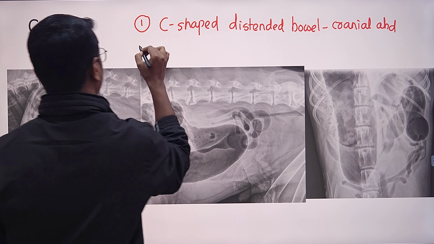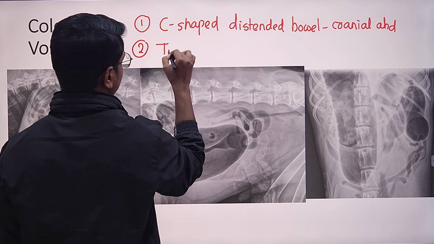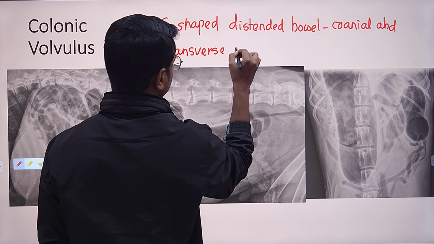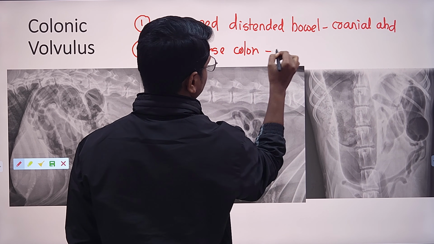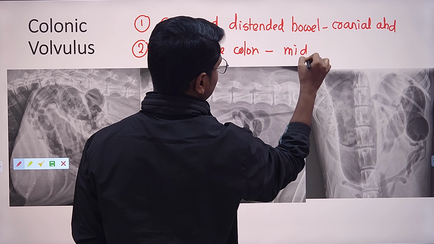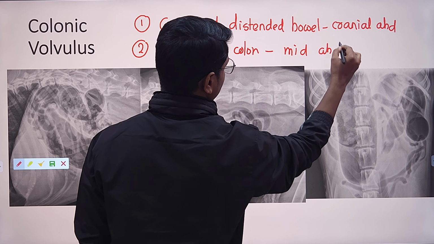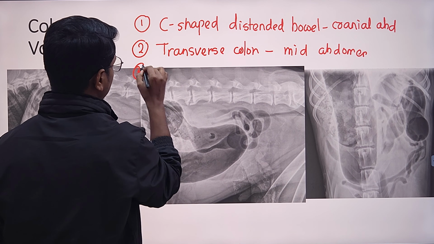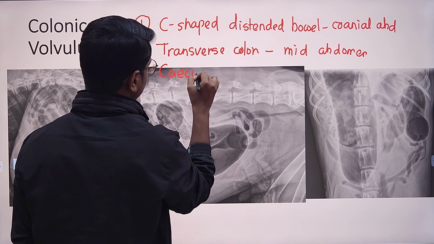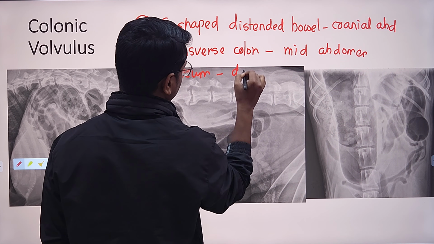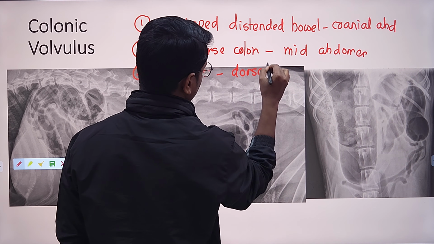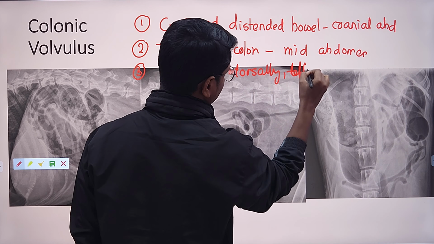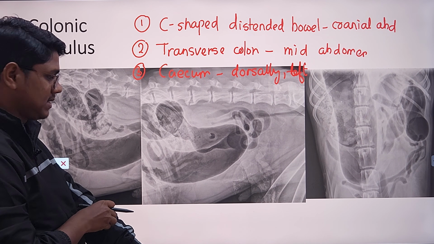Second, you will find the transverse colon in the mid abdomen, which is supposed to be in the cranial abdomen. Third, you will find the cecum dorsally shifted and towards the left side, which is supposed to be on the right side.